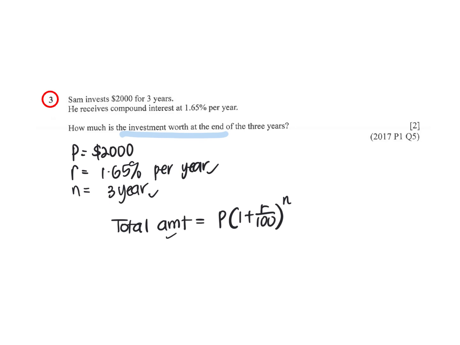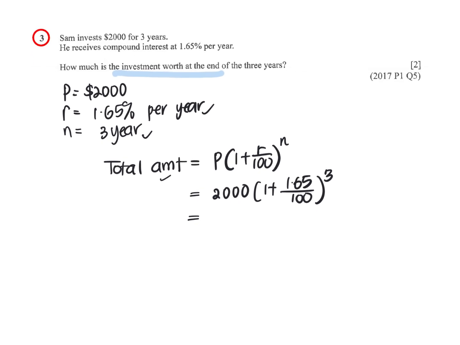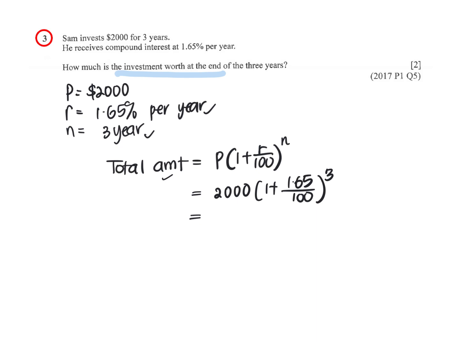So we just need to plug in the numbers, over 100 and compounded 3 times, to the power of 3. For money, it's always in two decimal places, so I'll round this off to $2,100.64 to be exact.